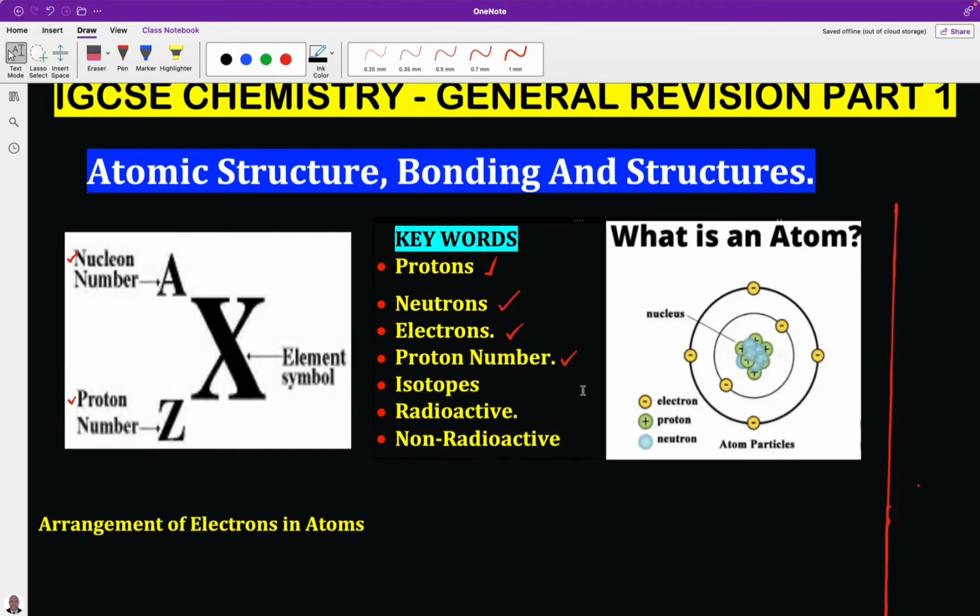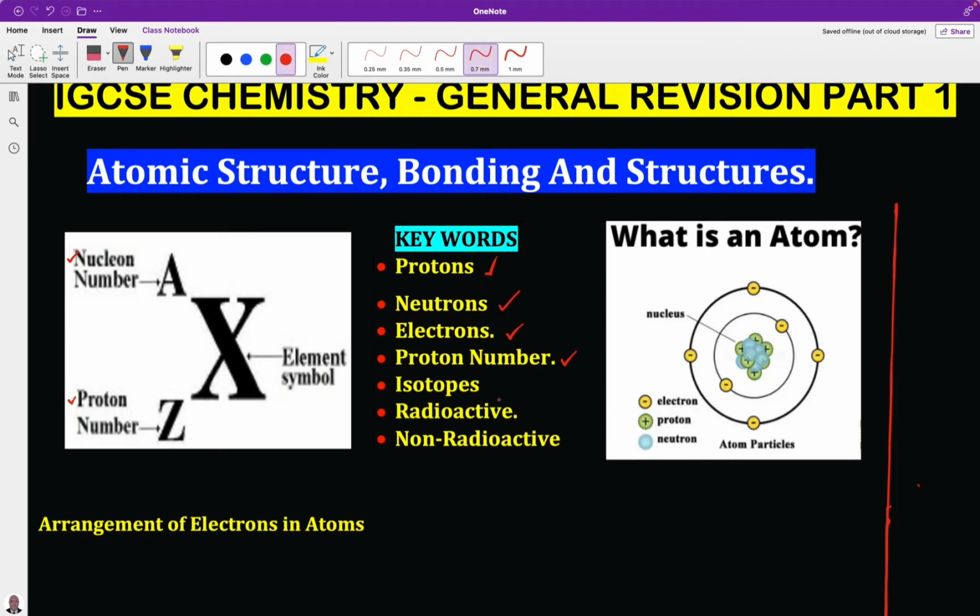So we say again that electrons are negatively charged particles found in orbitals outside the nucleus of an atom, and they have a mass of 1 over 1837 atomic mass units.